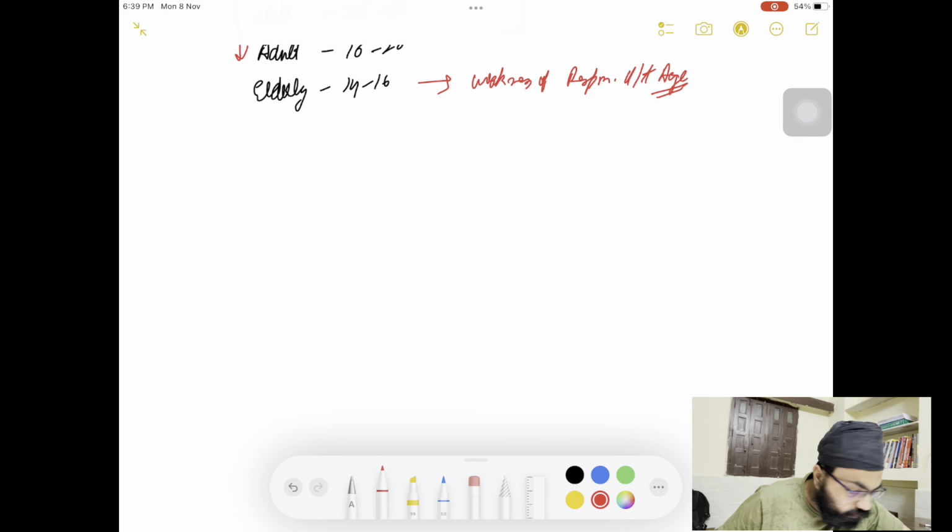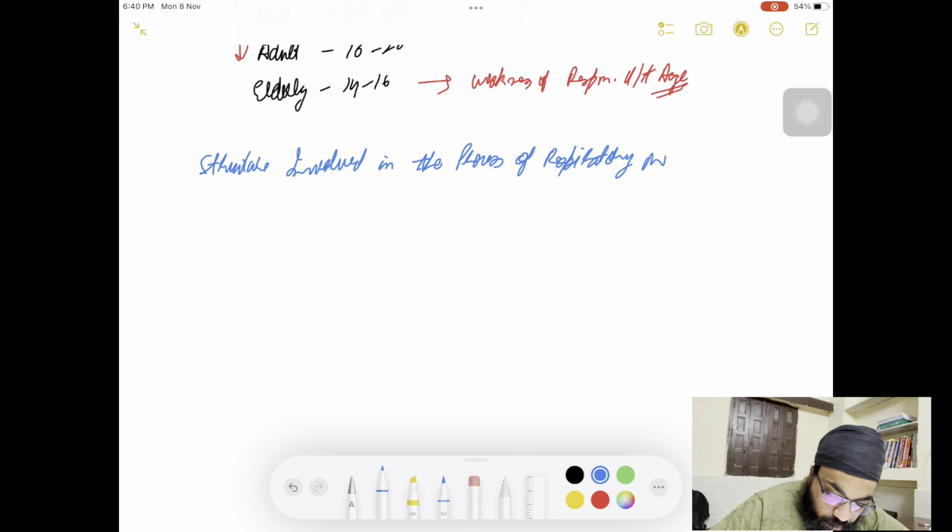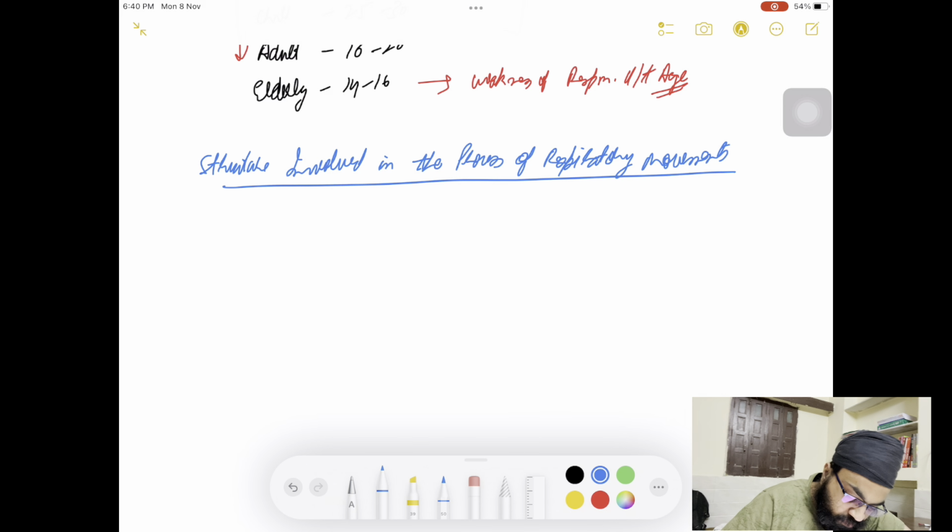Now, secondly, we are going to talk about the structures involved in the process of respiratory movements. We have two types of structures involved.